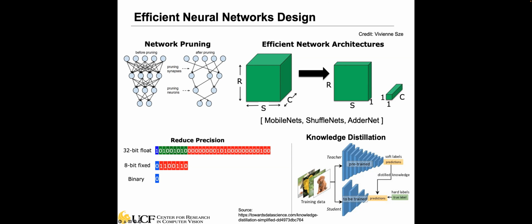And the second category is network pruning. Okay, so the basic idea is that if you have this large network, maybe it's over parameterized, right? Do you really need this many parameters to achieve a certain level of performance? Maybe some of the networks or neurons will be redundant, right? They learn something similar.